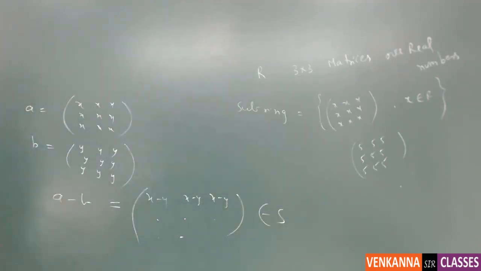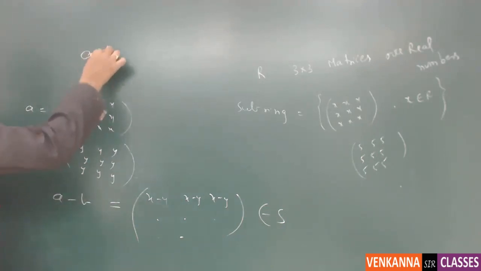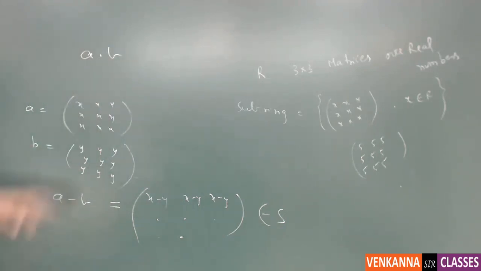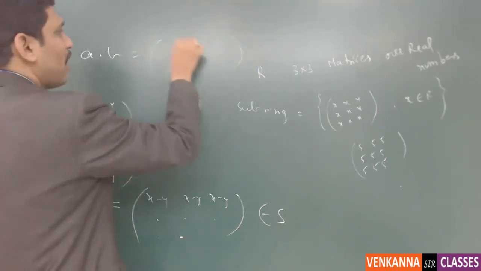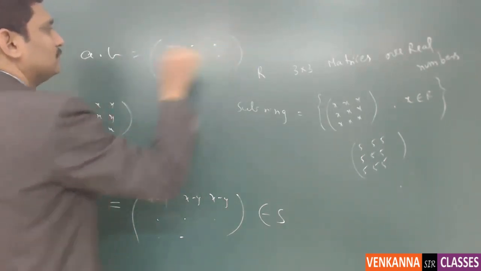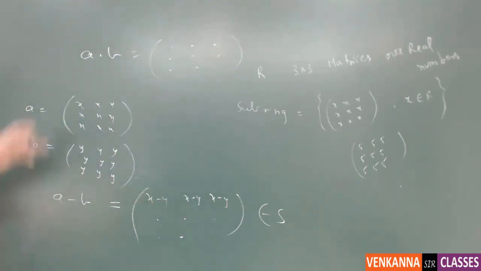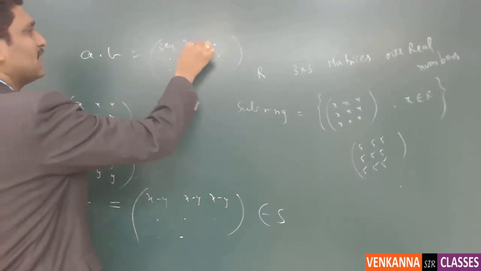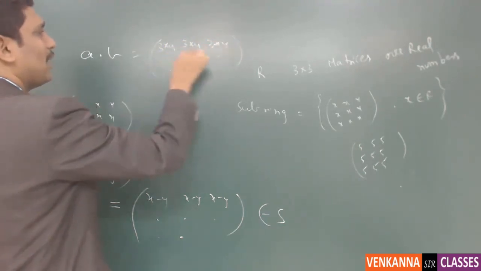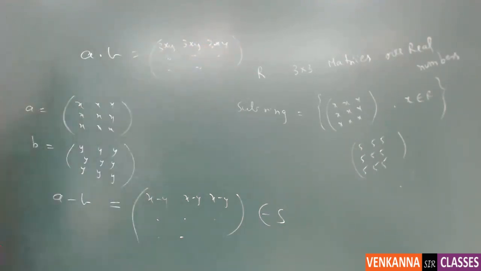Now, if you talk about the closure property A dot B, you simply multiply these two matrices. You perform the multiplication between them. You will get a matrix of the form where all values are equal. I simply say that you will get the matrix as 3xy, 3xy, 3xy, and so on. Each entry is nothing but 3xy.